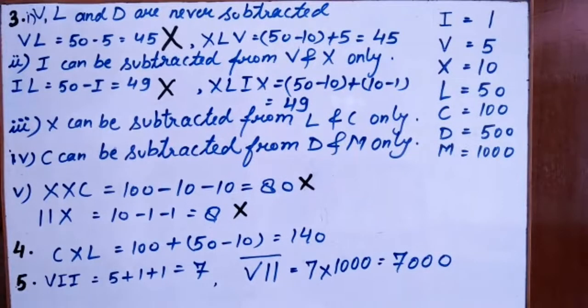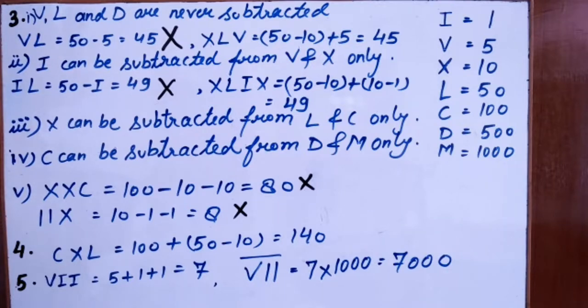The third rule is whenever a letter of smaller value is written to the left of a letter of greater value, the values of both the letters are subtracted.